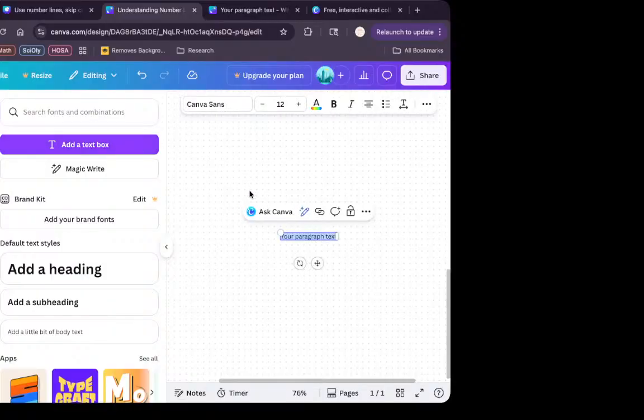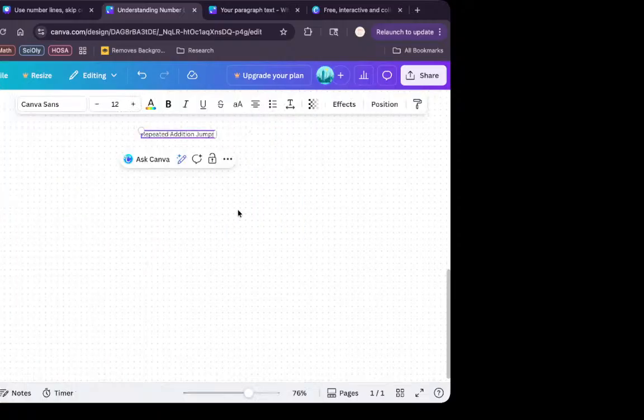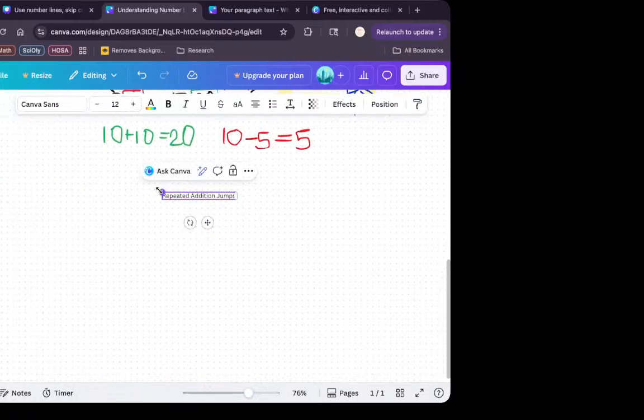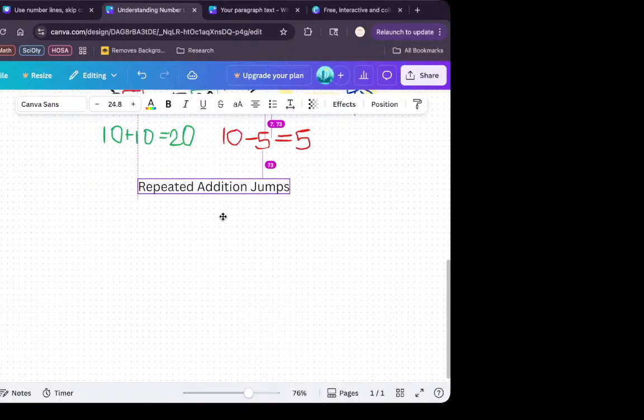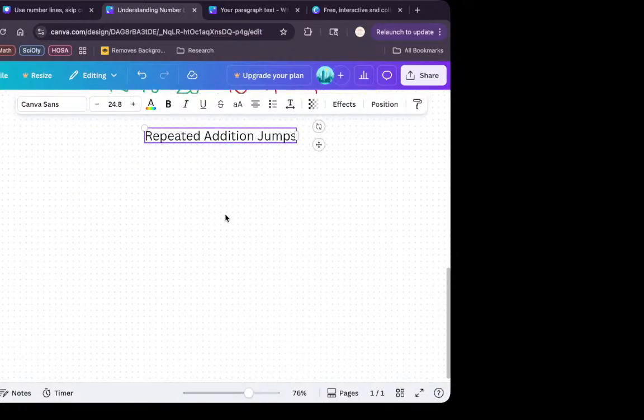Again, label this section repeated addition jumps. And in this section, we are going to mainly focus on trying to identify what each jump is valued to.